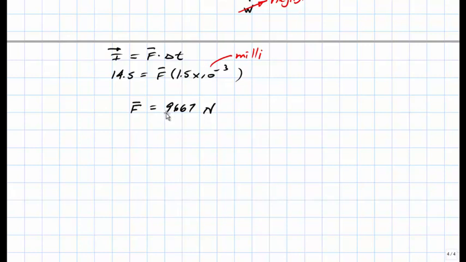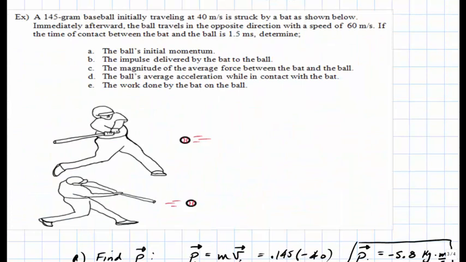That weight would be far, far less than the 9,667 newtons that the bat applies to the ball, and therefore the weight is negligible. Let's take a look at Part D. In Part D, we would like to determine the ball's average acceleration while in contact with the bat.